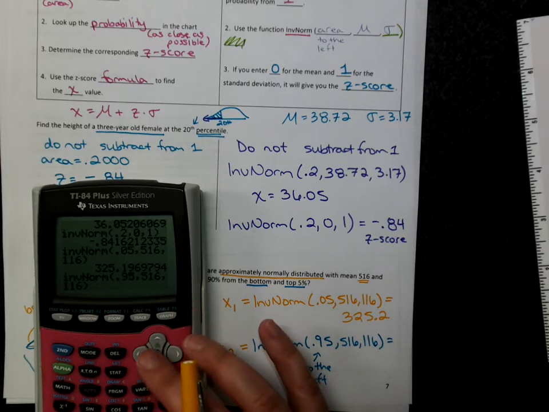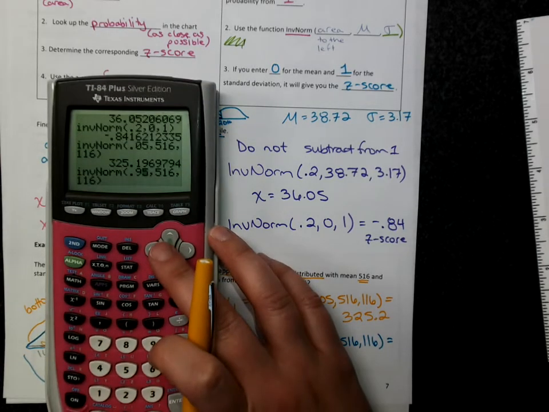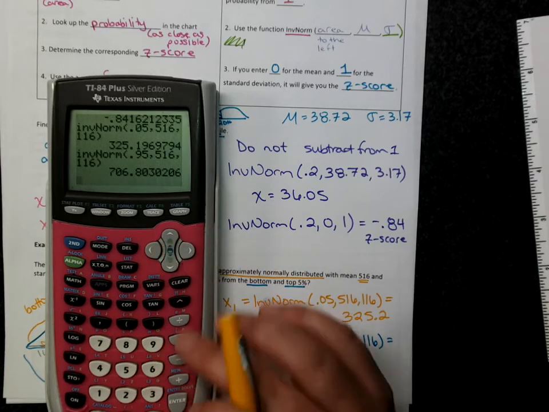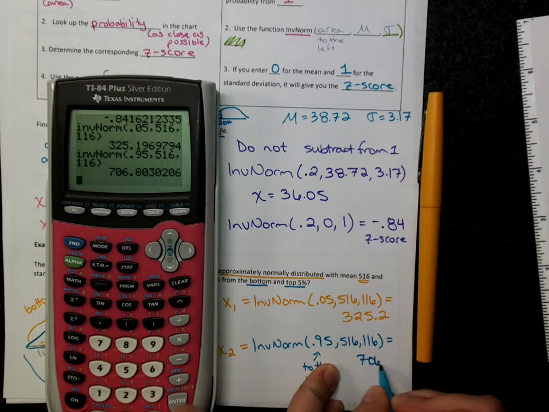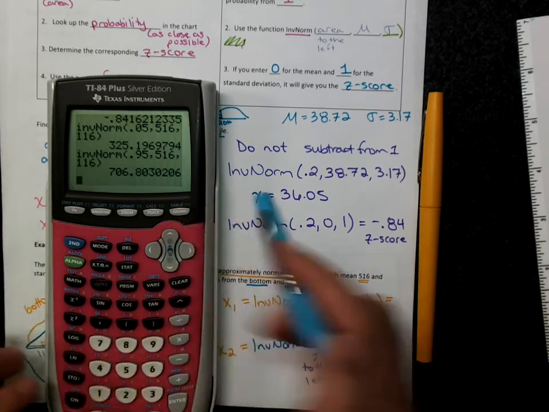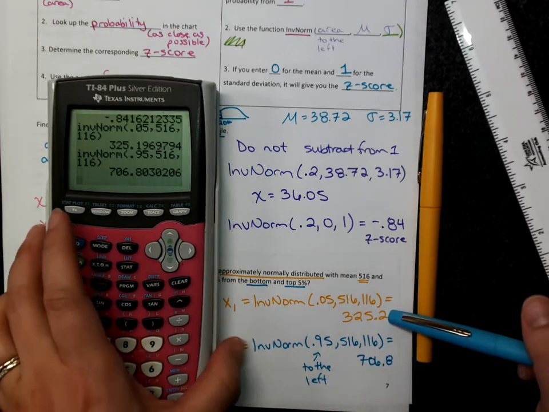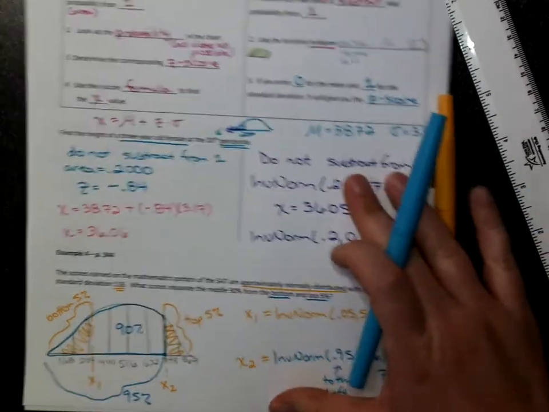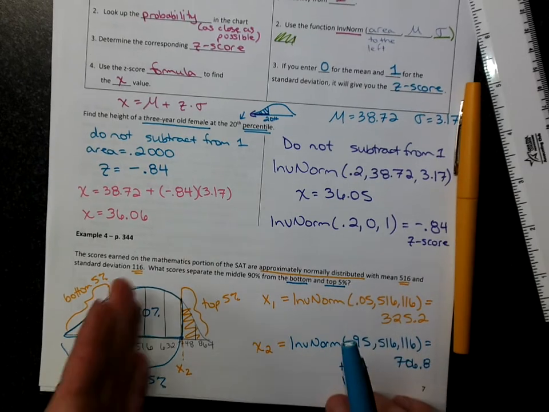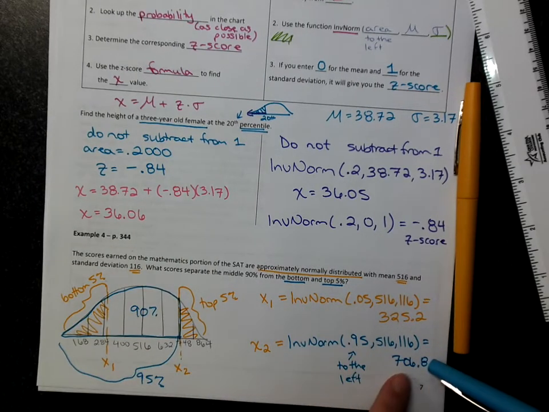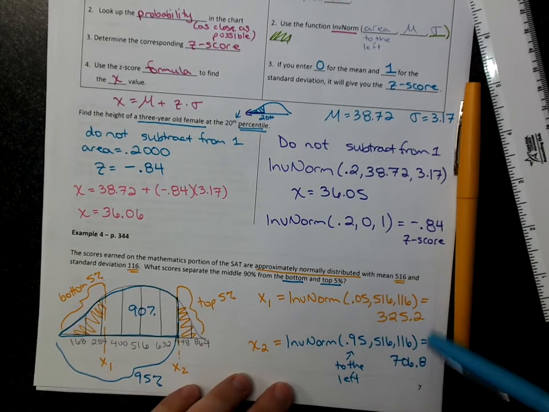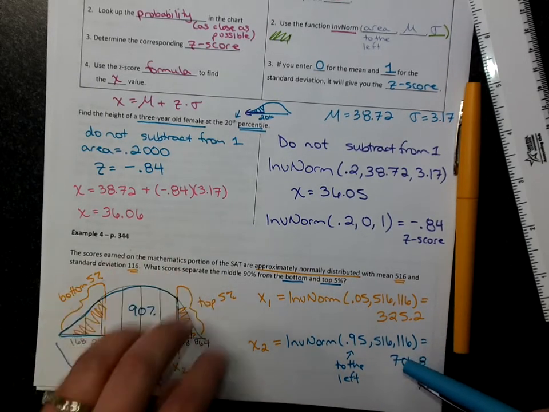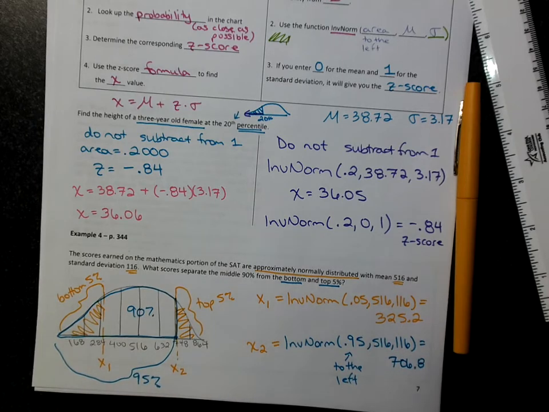I just hit second enter, change the 0.05 to 0.95, and run it, and that gives us a top score of 706.8. So your bottom score, 325, should be somewhere in here, lower than the middle, and your top score should be somewhere up here, higher than the middle. So make sure the numbers you're getting fit the scenario using that bell curve.